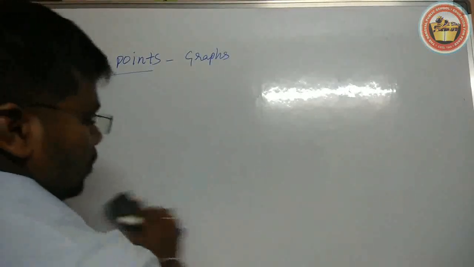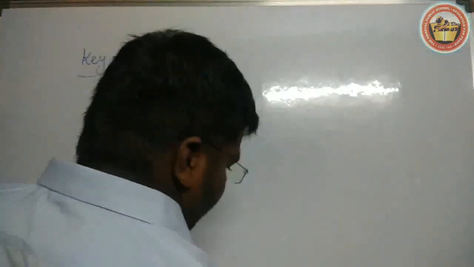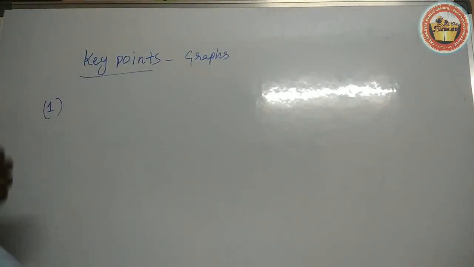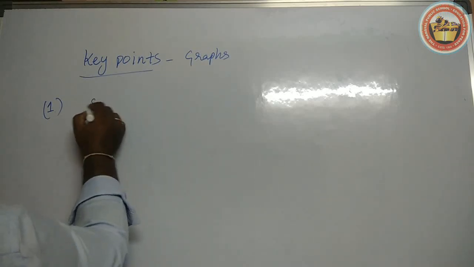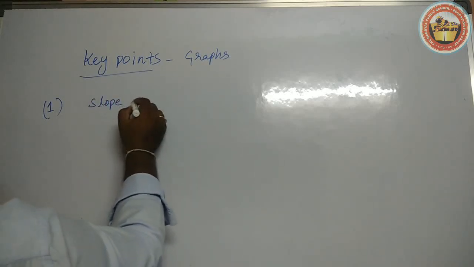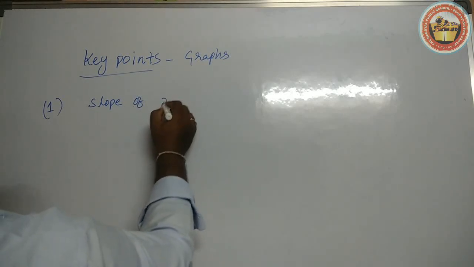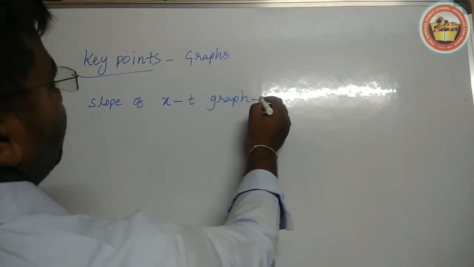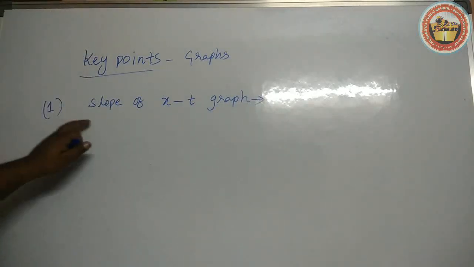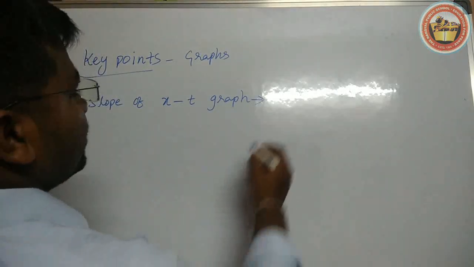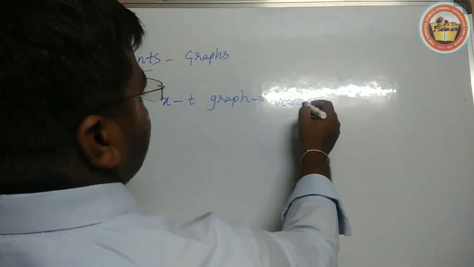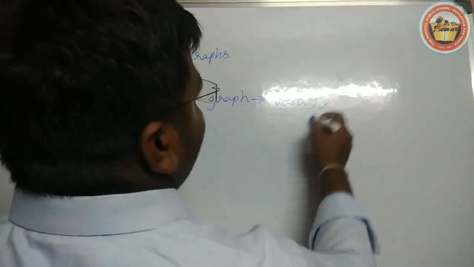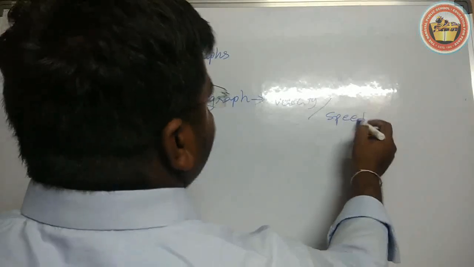Now coming to the main key points. First point: the slope of the displacement time graph will give velocity or speed. Understand?